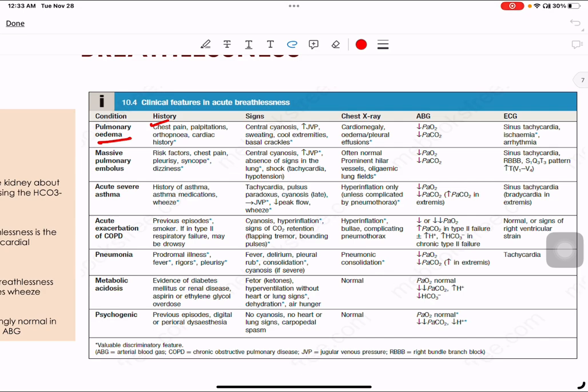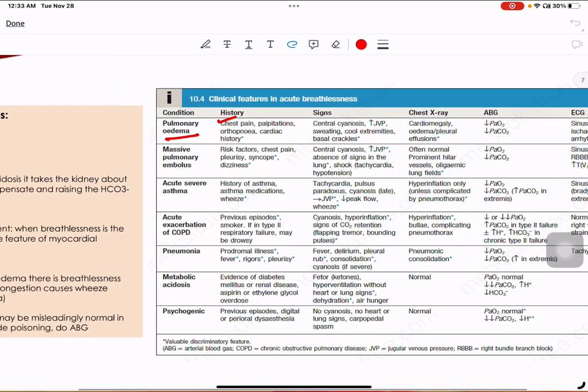So evidence of heart disease along with sinus tachycardia and arrhythmia may be found on ECG, and on X-ray cardiomegaly, effusion or bat wing appearance, type 1 respiratory failure on ABG, and on signs there will be raised JVP, central cyanosis, cool periphery and basal crepitations. And in the history, chest pain, palpitation, orthopnea and cardiac history will be there in case of pulmonary edema.